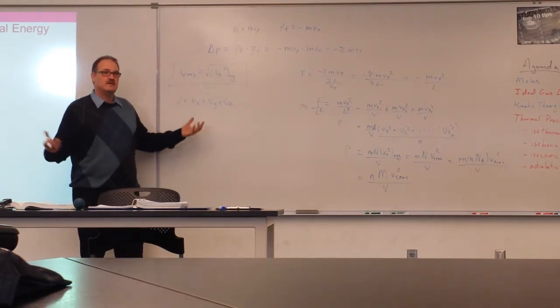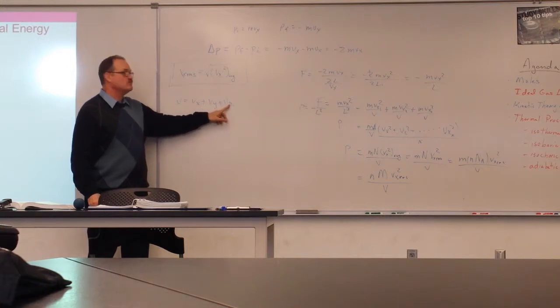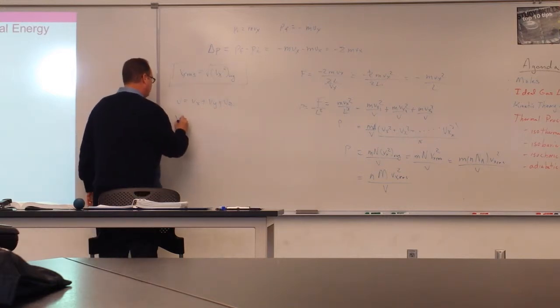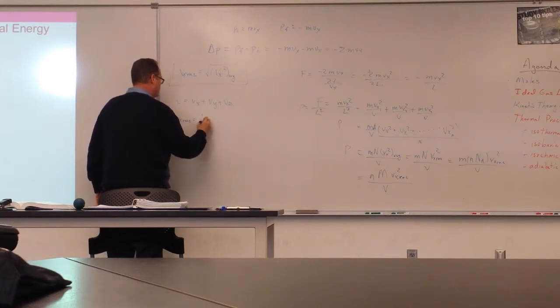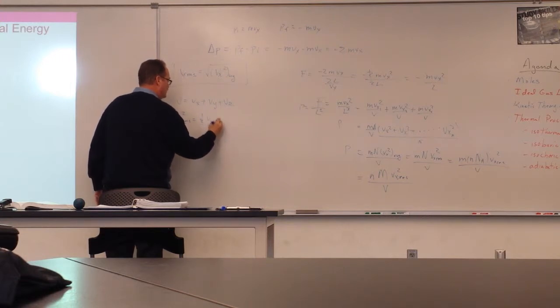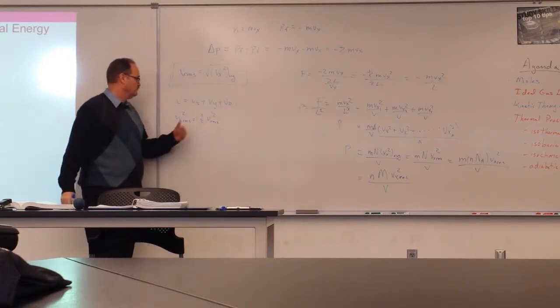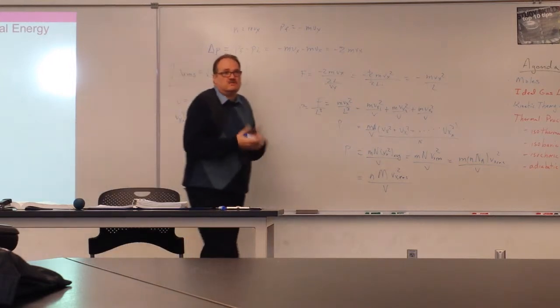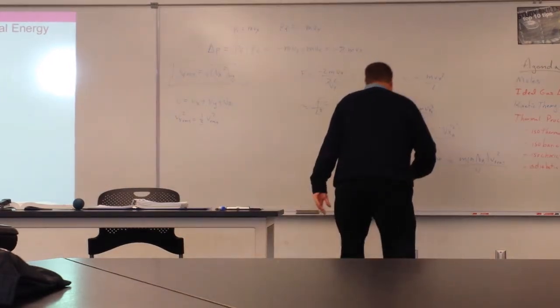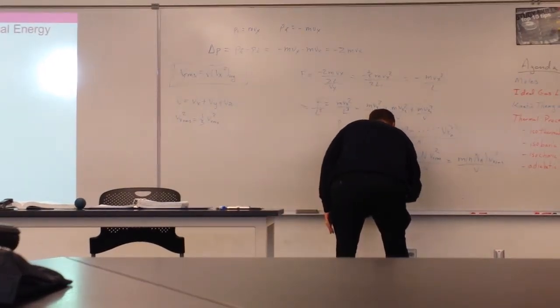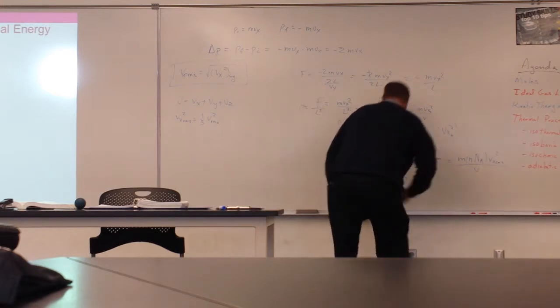So on average, they're just going to split 1/3, 1/3, 1/3. So that tells me that Vx RMS squared is essentially 1/3 of V RMS squared. The x component is 1/3 of the total. So then I can just get rid of the x here and put a 3 down there.